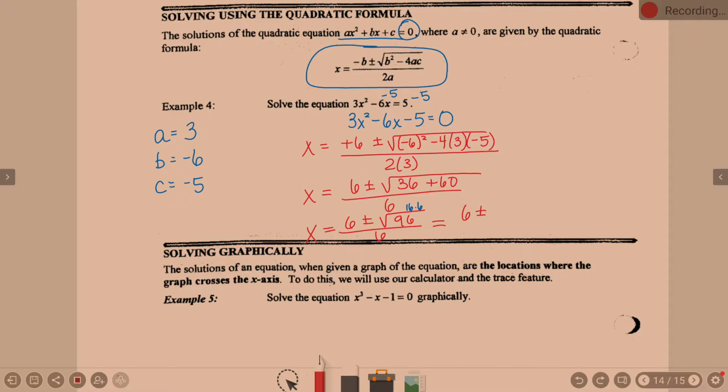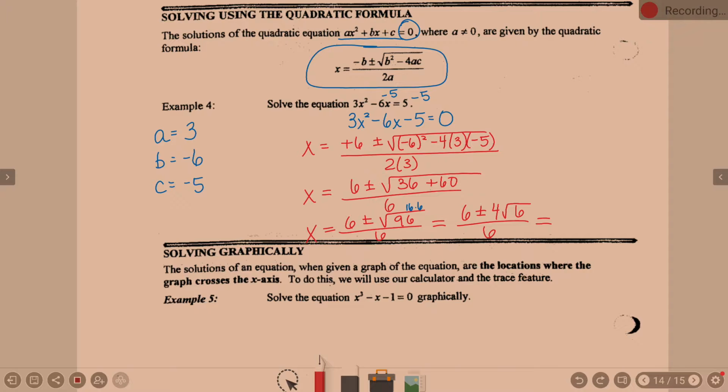Now, if this is 16 times 6, the square root of 16 is 4. That 4 goes out front, outside the radical. And then 6, I can't take the square root of, so we leave it under the radical. All divided by 6. This problem has lots of 6's in it, doesn't it?